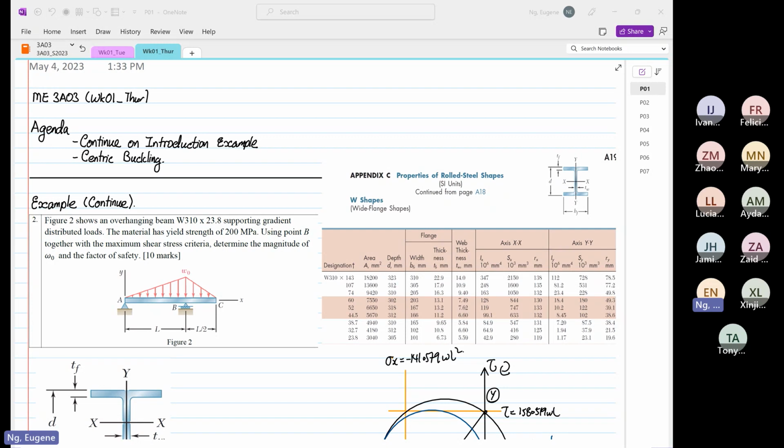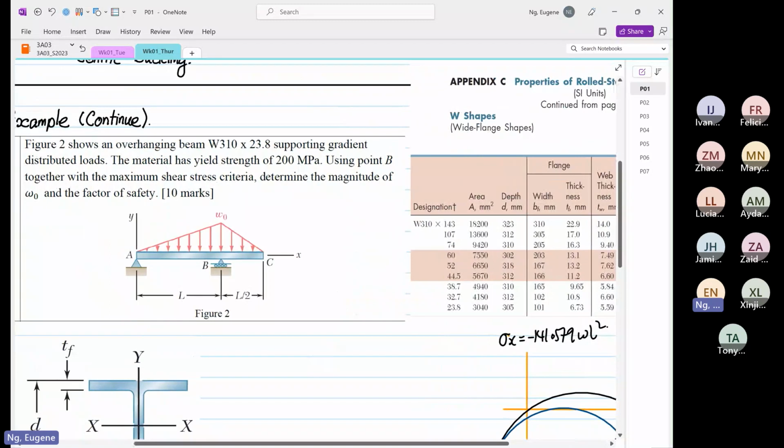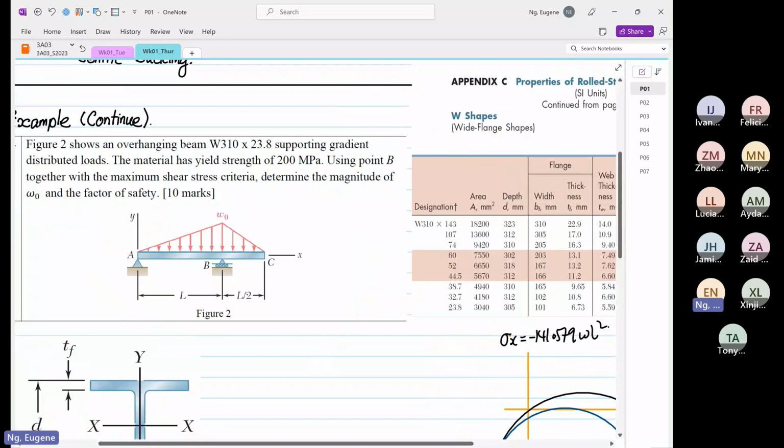Right. So let's recap this example. We have an overhanging beam. On this overhanging beam, you can see there's a gradient distributed load.